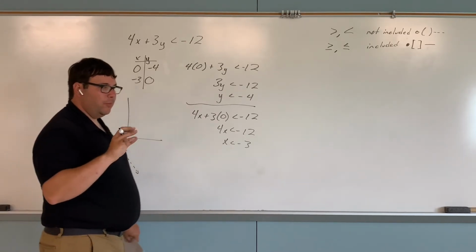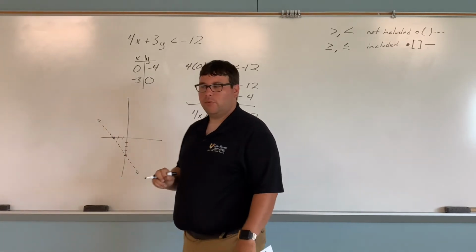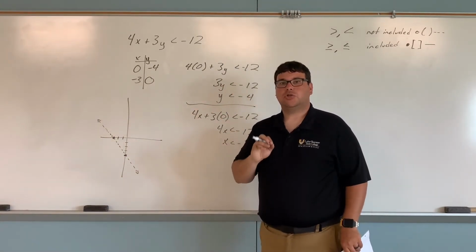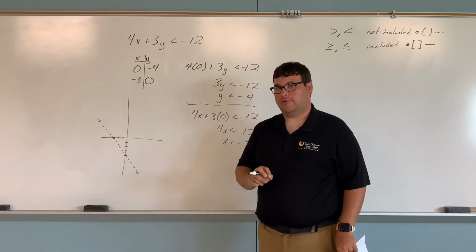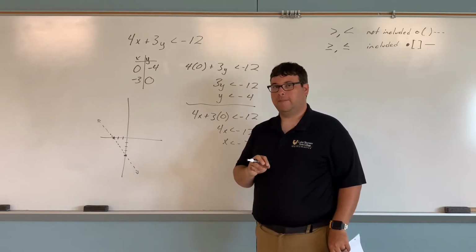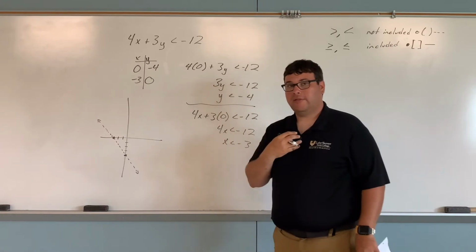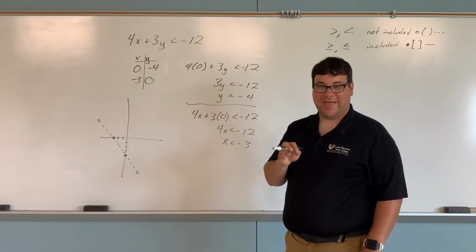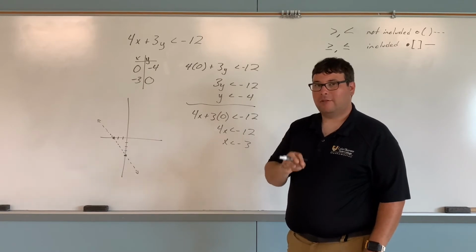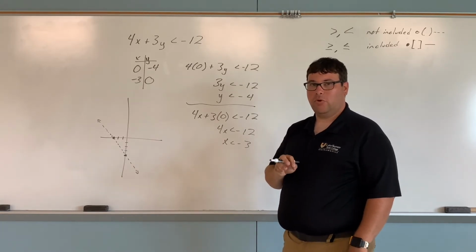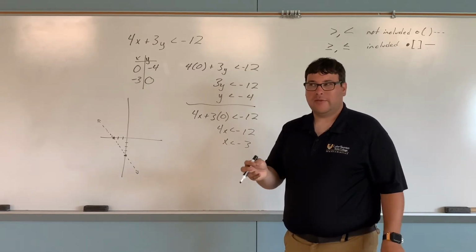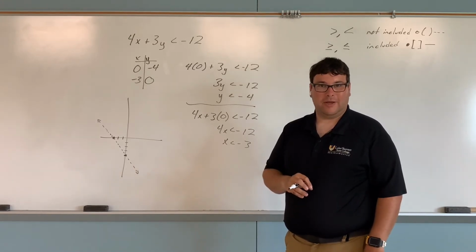There's a couple of workaround, like cheat ways, if you will, but one solid way that works every single time is choose a test point that is not on the line. Now, I highly suggest that you use the origin, or 0, 0, every single time, as long as your line does not go through the origin. If your line does go through the origin, you just have to pick a different point that's not on the line.